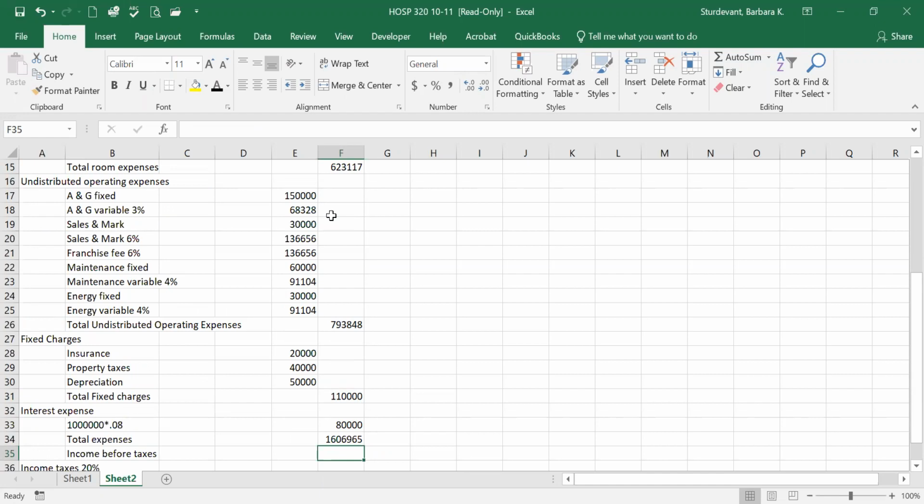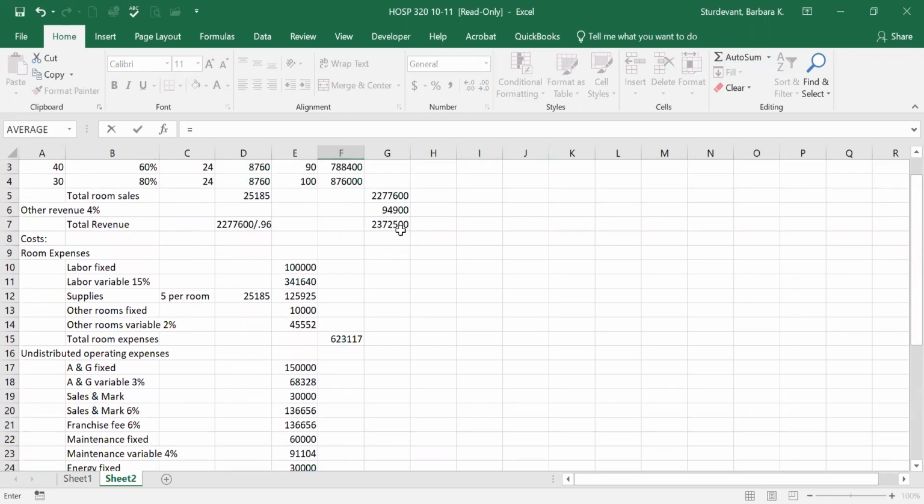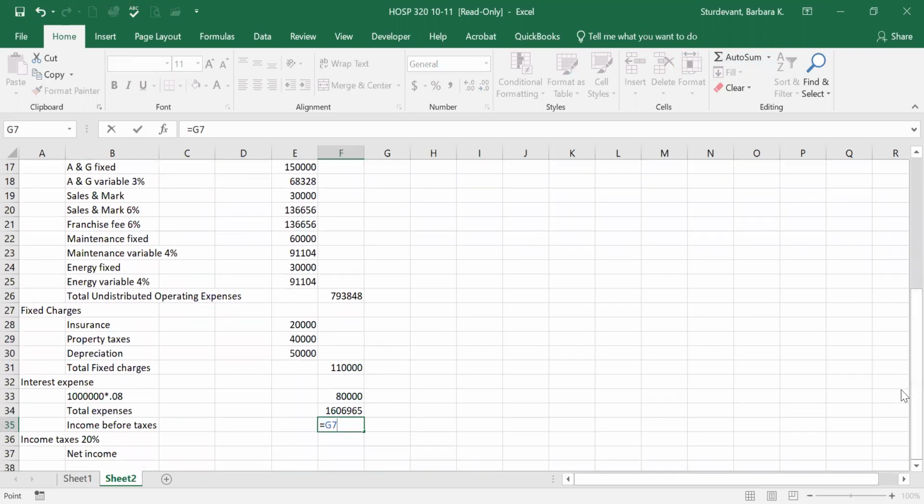To get our income before taxes, we're going to take our total revenue and subtract off our expenses. Calculate our tax.